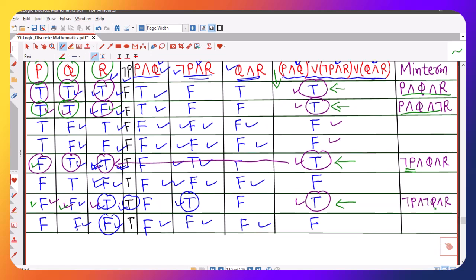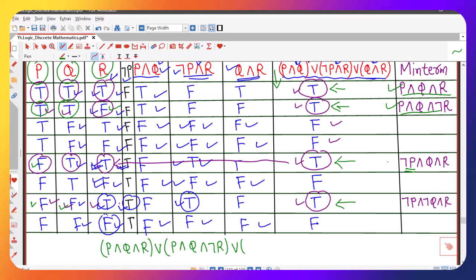Now once we write down min terms, then the principal disjunctive normal form will be the disjunction of these min terms. Here the min terms are P and Q and R. So here I will write or in between, then P and Q and negation R. I have written these two.